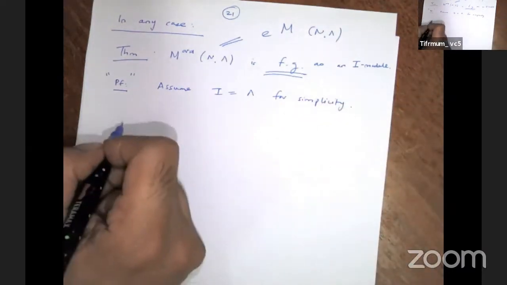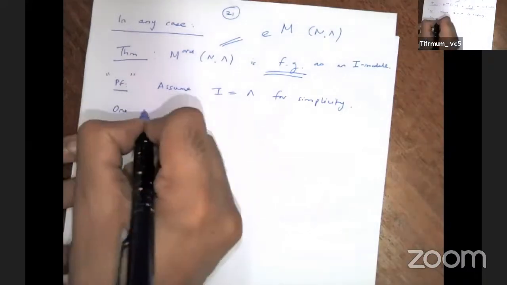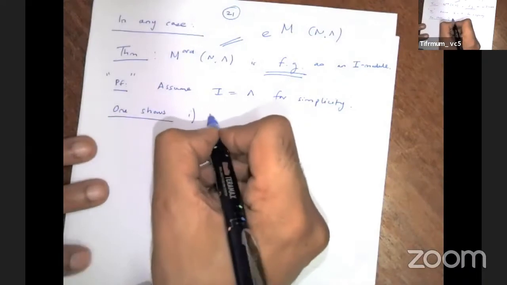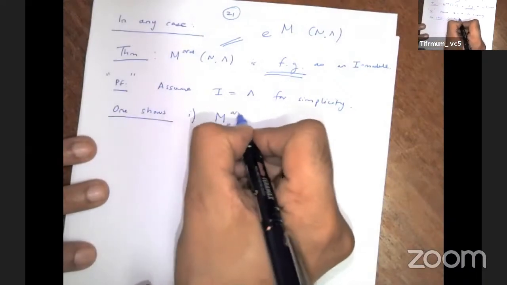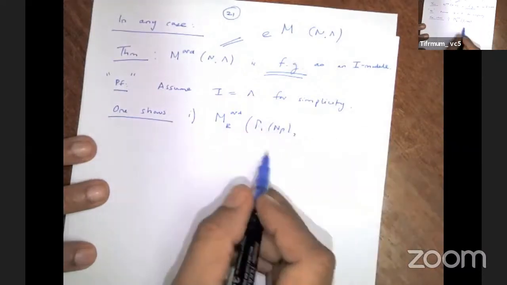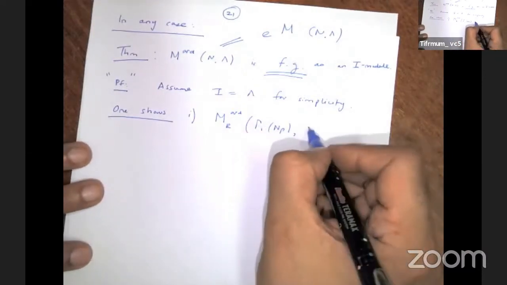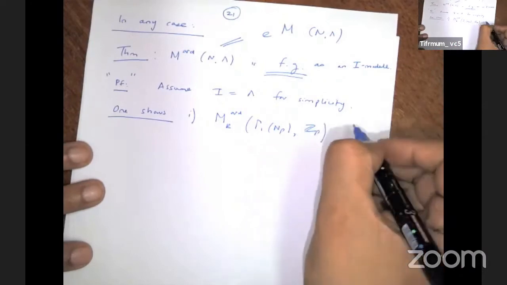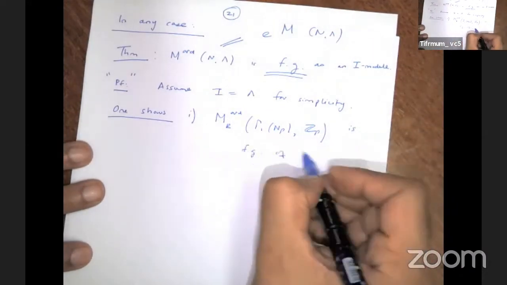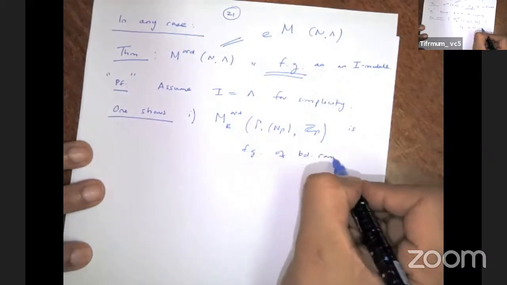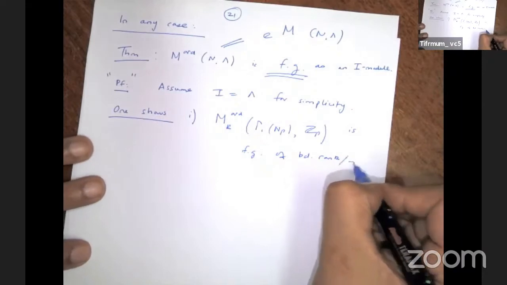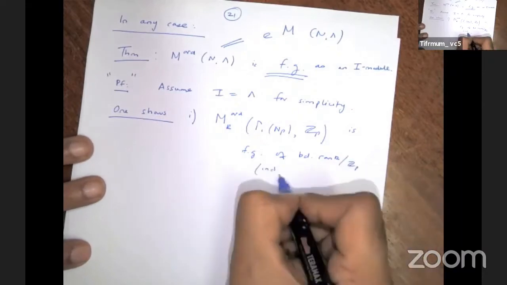So I'm claiming that two facts hold. One, that if you look at the space of ordinary forms, I'm writing gamma 1 NP, so as to not write the Nebentypus, with coefficients in ZP, then this is finitely generated of bounded rank over ZP. Bounded means independent of K.